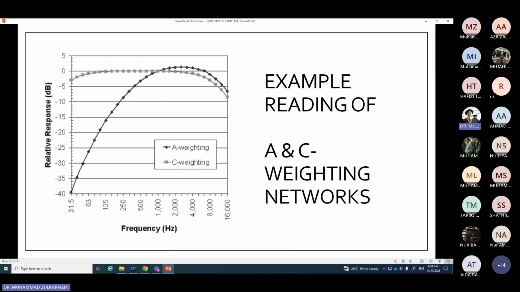Okay, this one is a reading from the condition in the workplace. So the first A weighting is from negative 40, and then by increasing the frequency, the ear block will be reduced, because the frequency becomes higher, so the device cannot block 100% anymore, and it becomes near to zero, even though they play with the high frequency.